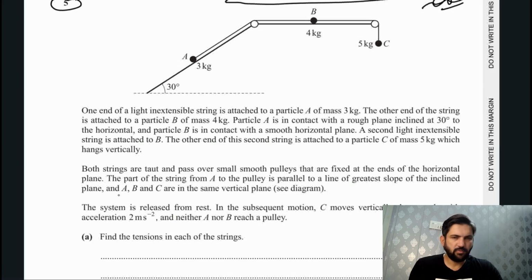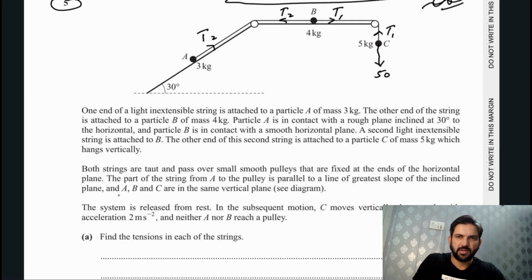Let's say the weight over here is 50 and the tension over here is T1. Similarly, the tension in the string will remain the same, so this will be T1 and this will be T2. And for this part, this will be T2 because tension remains the same in the same string.